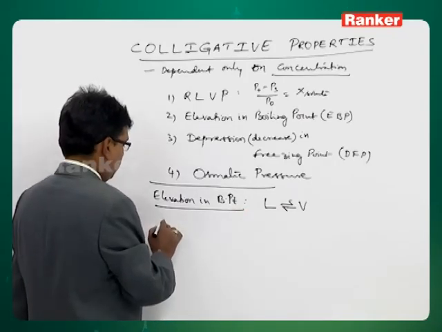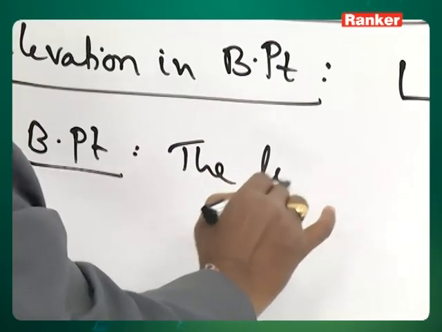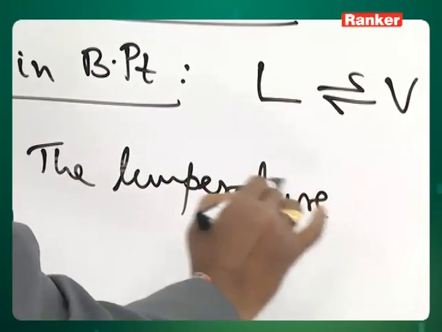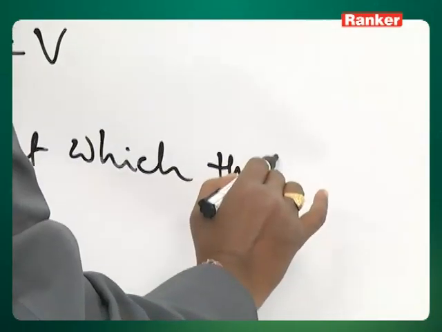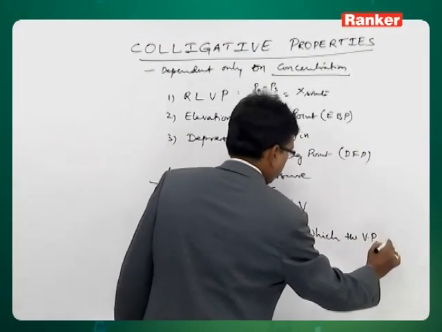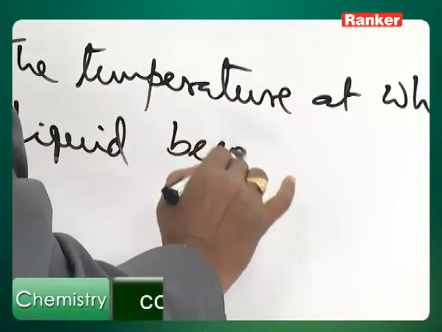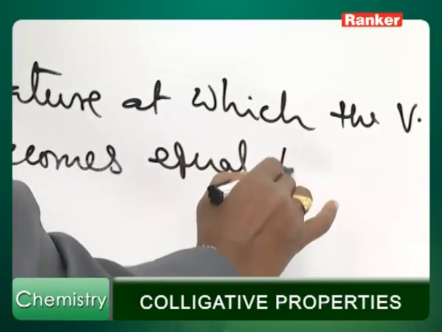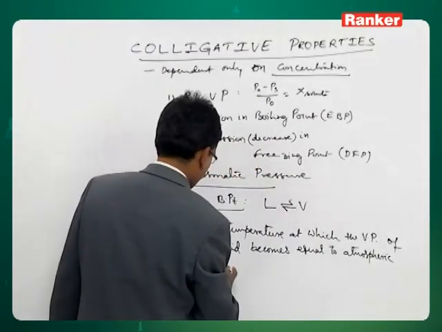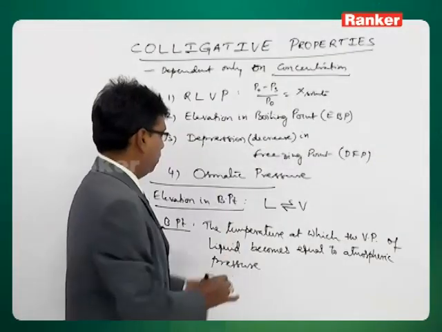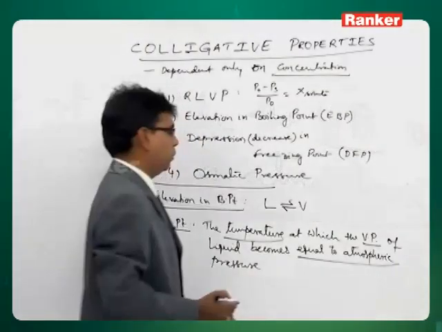You can define boiling point in terms of vapor pressure as the temperature at which the vapor pressure of a liquid becomes equal to atmospheric pressure.